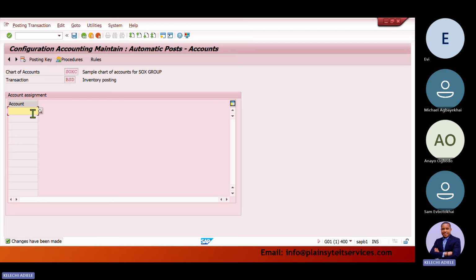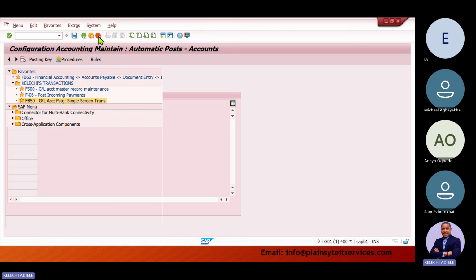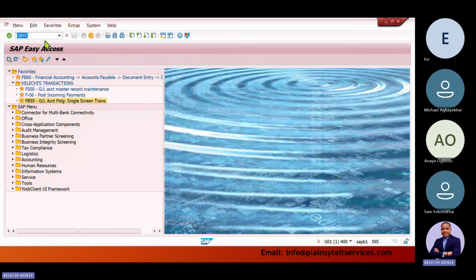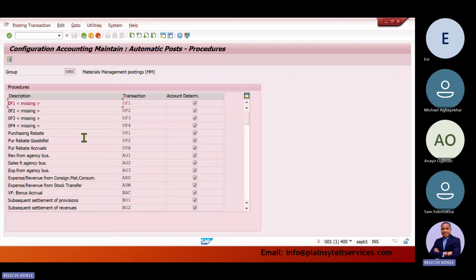I don't want to go into those deep details, but just know that in the system, there are integration points. Let me not go, it's too early. So just know that in every module in SAP, there is an integration point between finance and that module.